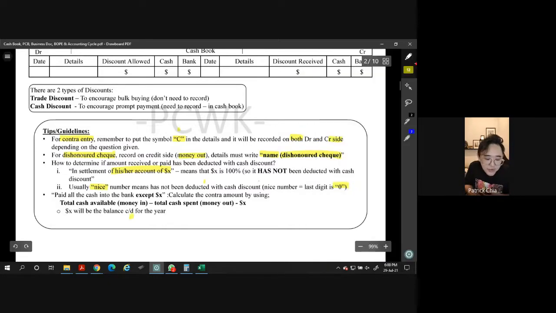In the cash book, they like to say that they paid all cash into the bank except. Like the earlier question I asked, it says all your remaining cash will be put into the bank except.